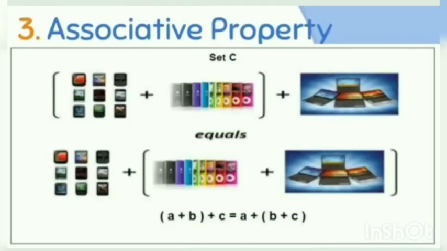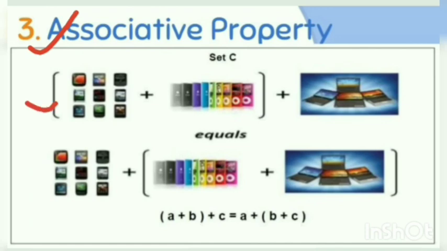Third, we are going to discuss the associative property. What is the associative property? In the associative property, we are changing the group of the members. Now it is clear from the figure also.